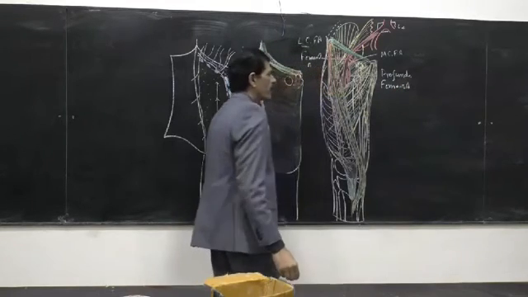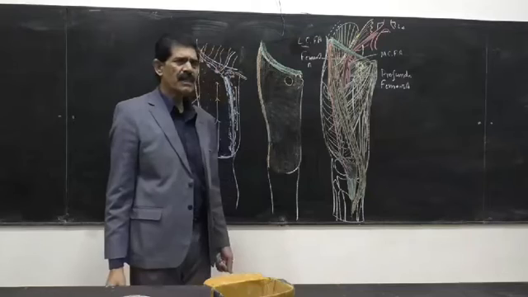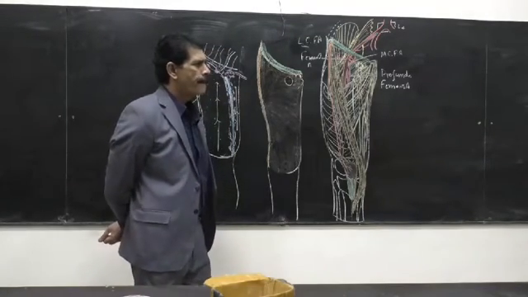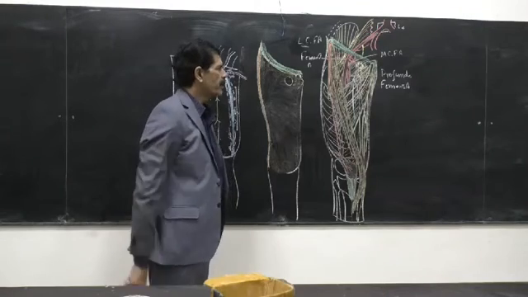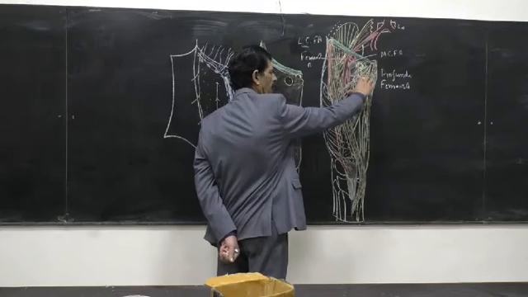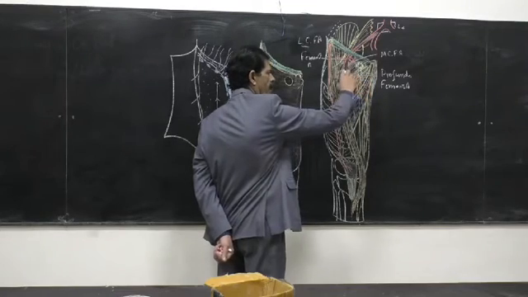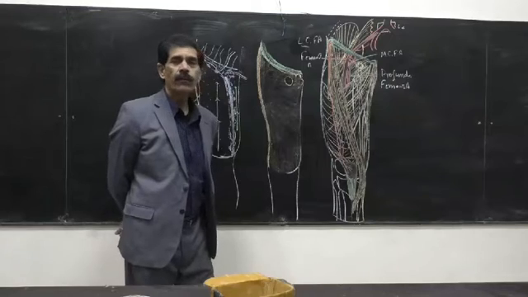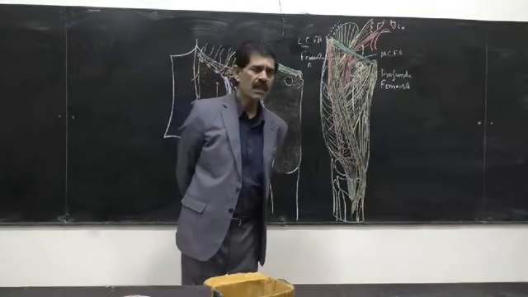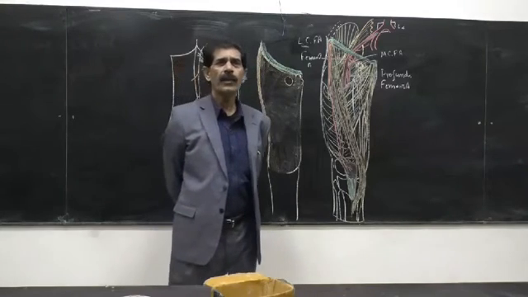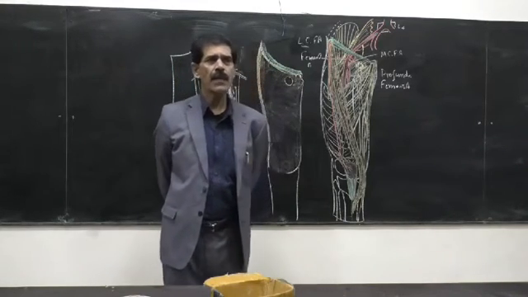The profunda femoris artery also supplies various muscles, and this artery runs posterior to the adductor brevis muscle and adductor longus muscle. It gives 4 perforating branches which pass through the osteoaponeurotic openings of the adductor magnus muscle.